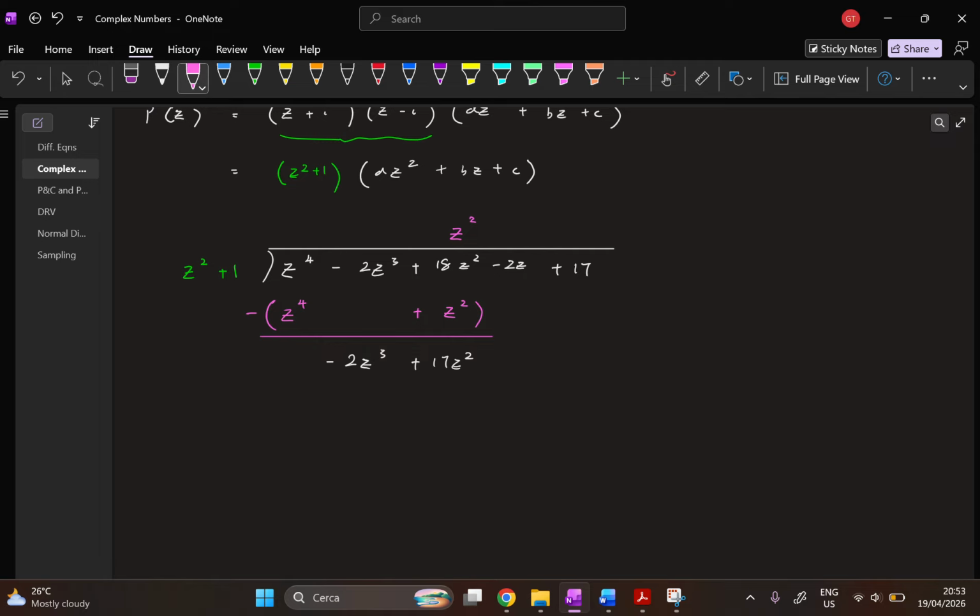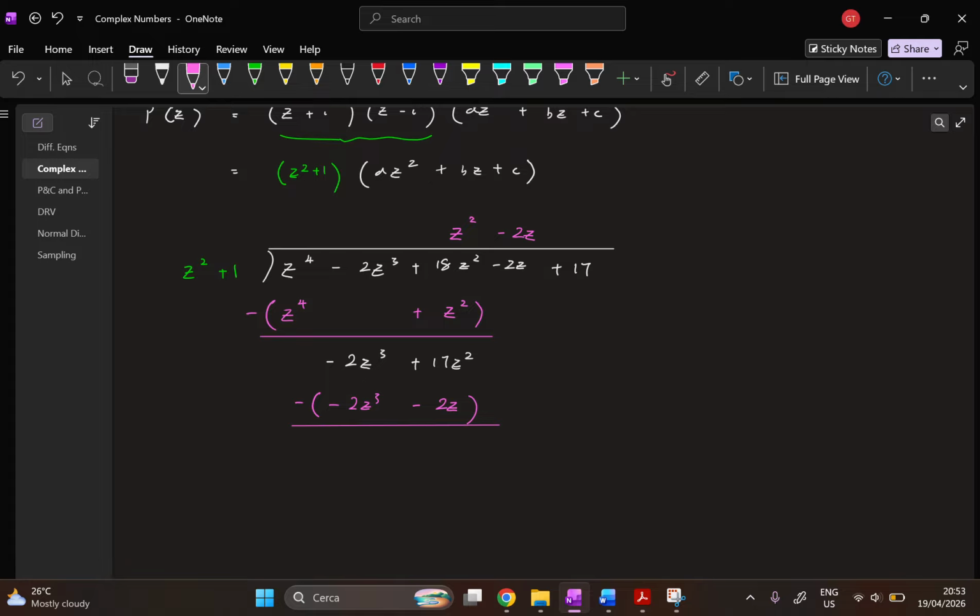So obviously, this needs to be minus 2z. So minus 2z times z squared, I can get my minus 2z cubed. Then I eliminate this. And then minus 2z times 1 is minus 2z. Okay, so this one is eliminated.